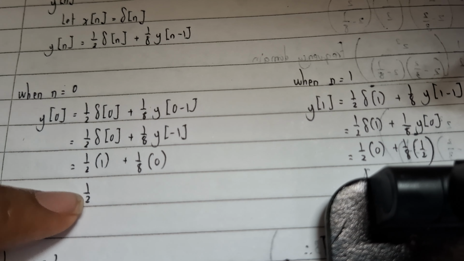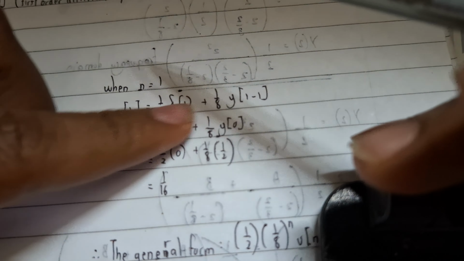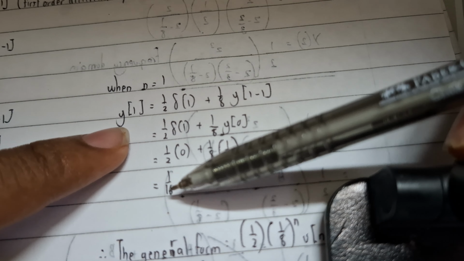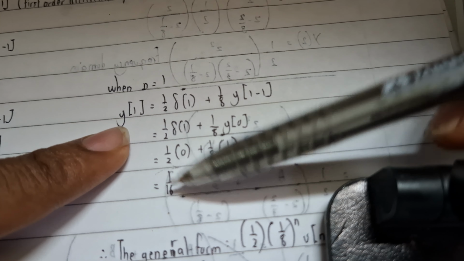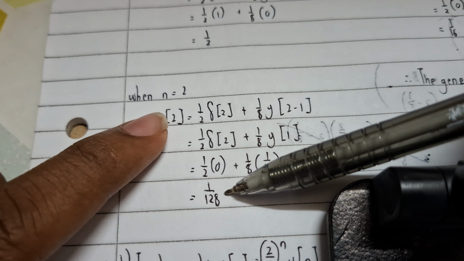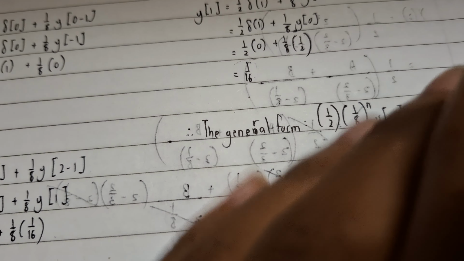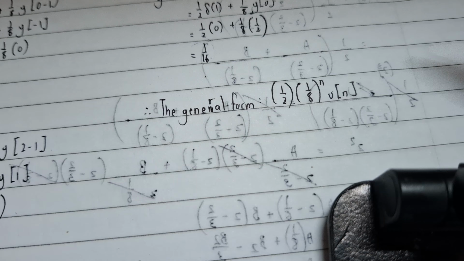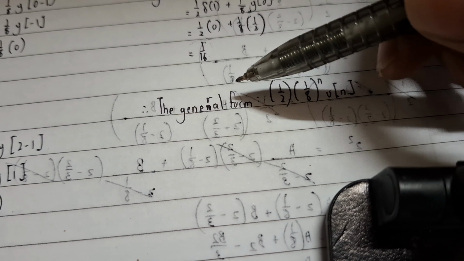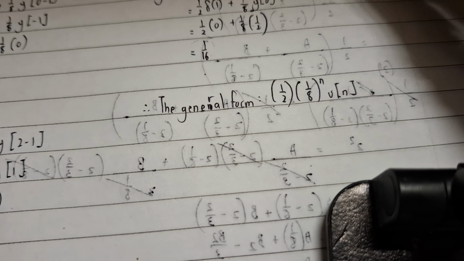So first, when n equals 0, I already got a half, and when n equals 1, I got 1/16, and when n equals 2, I got y[2] equals 1/2 times 1/8 squared. So now we have simplified this into the general form: half times (1/8)^n u[n].